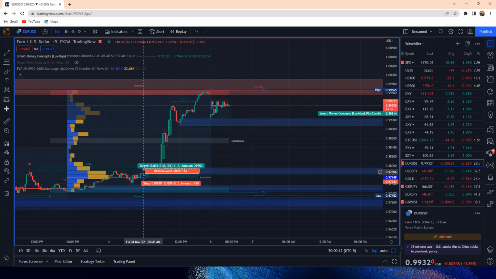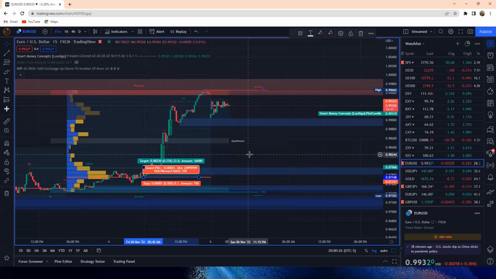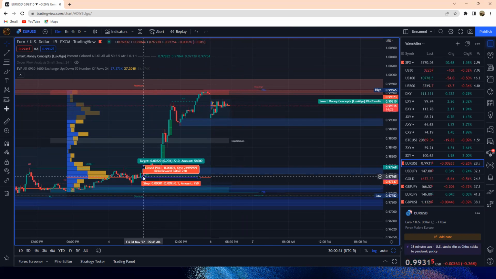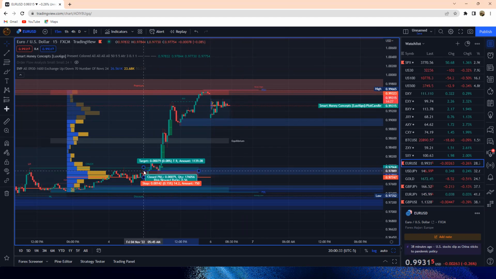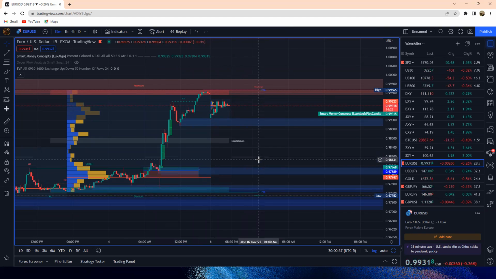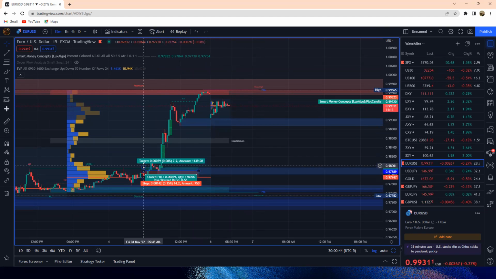So if the market moves 10 more pips in my direction, I'm now going to move my stop loss 10 pips in my direction. So now what I just did was I locked in 10 pips worth of profit. So let's say the market keeps moving in my direction, right?